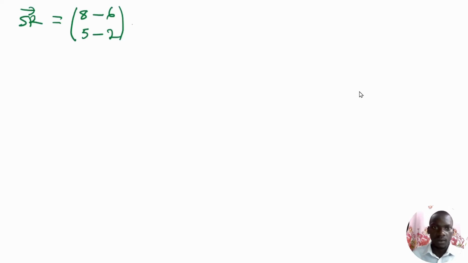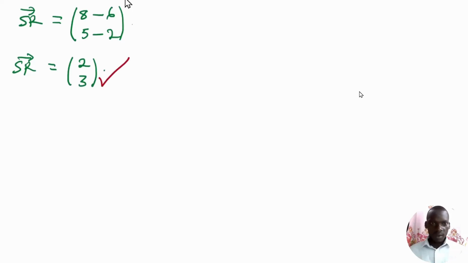We subtract the corresponding components: 8 minus 6, then 5 minus 2. So 8 minus 6 is a 2, then 5 minus 2 is a 3. So we can see that our vector SR equals (2, 3).